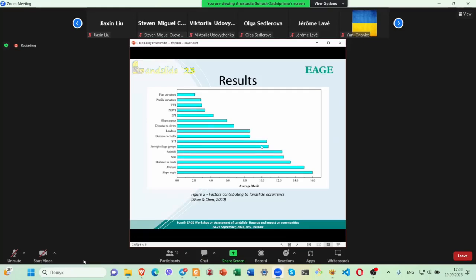The research findings demonstrate that on a regional scale, the most significant factors that influence the occurrence of landslides include, I don't want to list all of them, slope angle, altitude, distance to roads, and everything that we can read there.